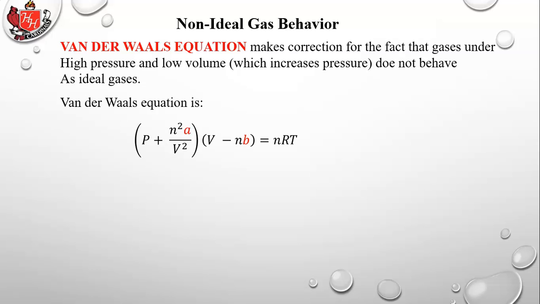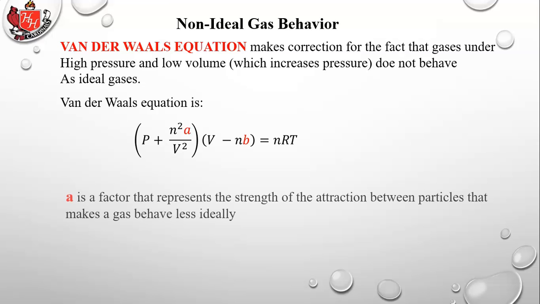Okay, the van der Waals equation makes a correction for the fact that gases under high pressure and low volume, which increases pressure when you squeeze the volume down, do not behave as ideal gases. So the van der Waals equation is, and there it is. You see it's the ideal gas law, but it has these terms added on here: n squared a over V squared and nb.